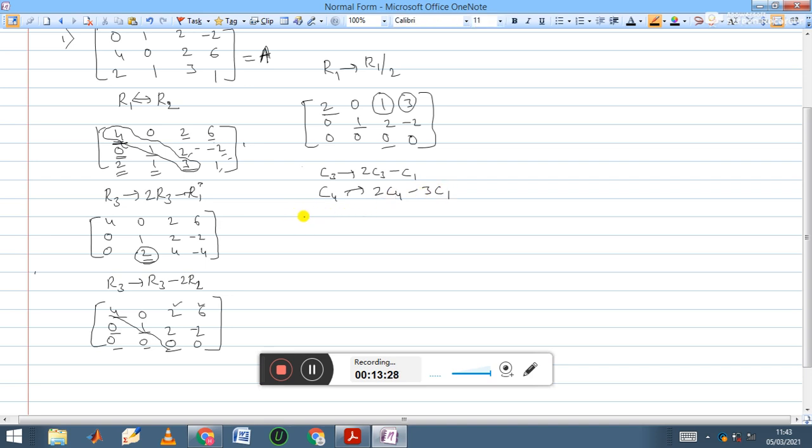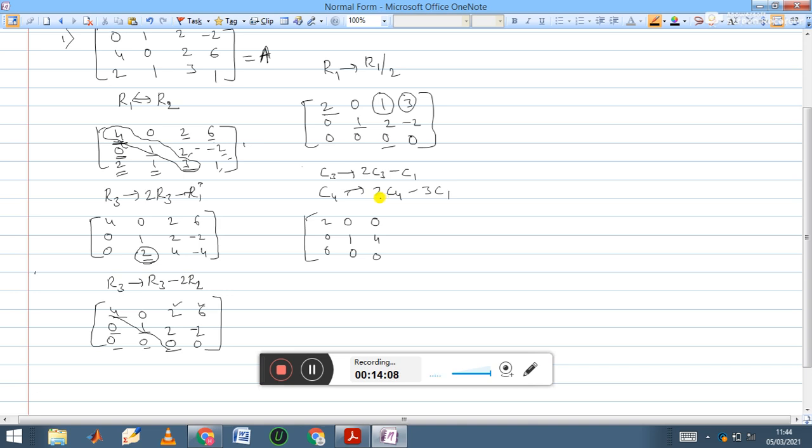Okay, then your resultant matrix becomes: first column as it is 2, 0, 0; second column as it is 0, 1, 0; then your third column 2C3 minus 2C1, so that gives 0, then 2 times 2 is 4 minus 0 gives 4, then 0 minus 0 gives 0. Go to the fourth column.